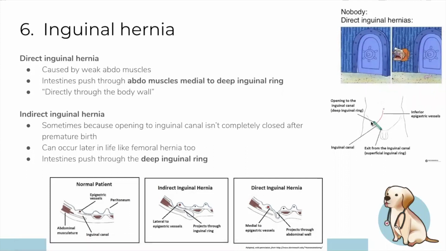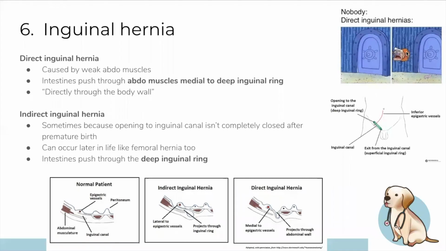There's two rings, like a cylinder has two sides, right? There's a deep inguinal ring and a superficial inguinal ring, where the neurovasculature pushes through, and often in the deep inguinal ring, the intestines can actually push through there and cause a hernia. But yeah, just remember direct inguinal hernia, not through the canal.